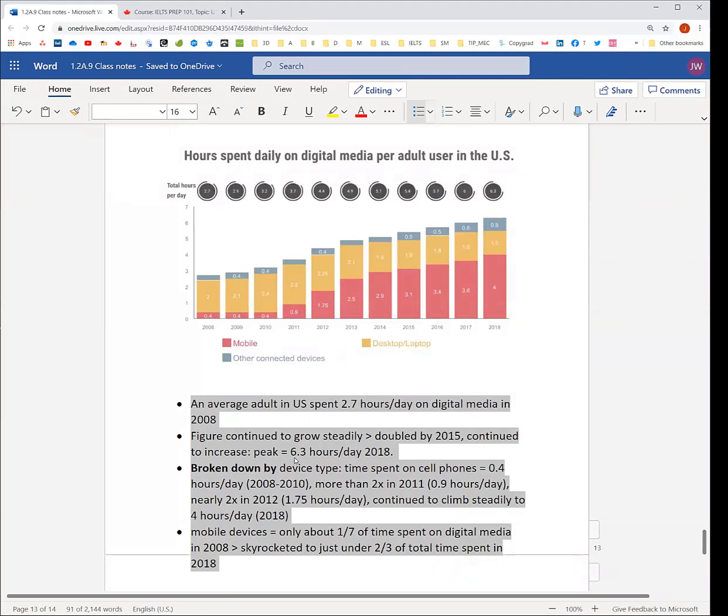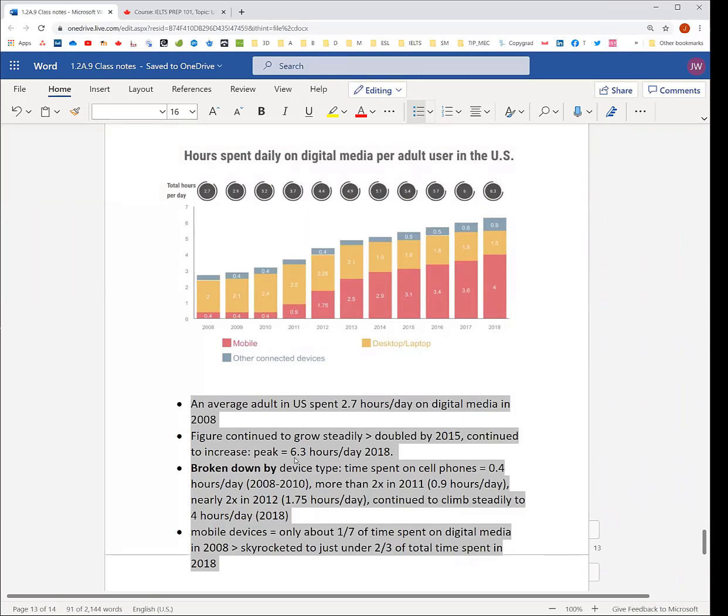In year 2008, an average adult used to spend 2.7 hours per day on digital media. Good. And don't say in year 2008, just in 2008. In 2008. Okay, good. And this will continue to grow steadily.